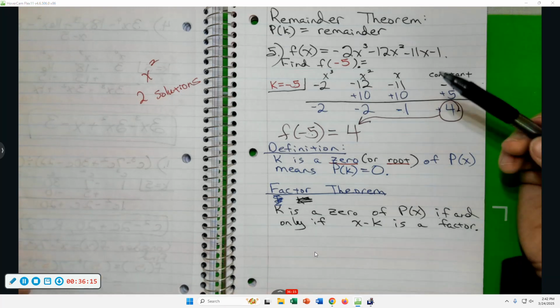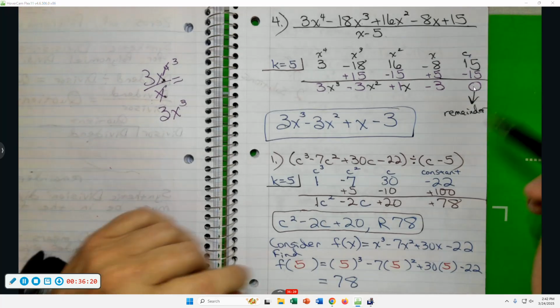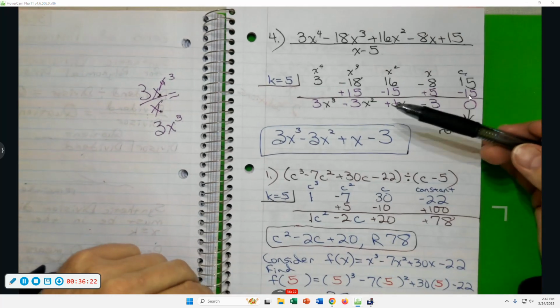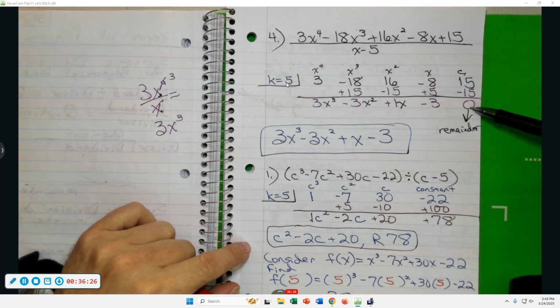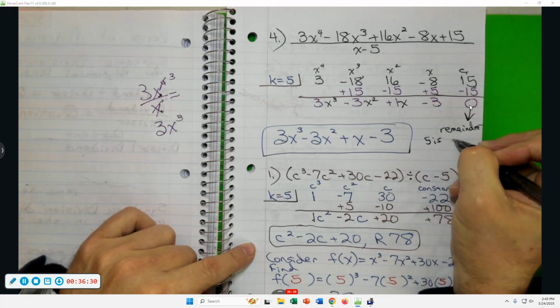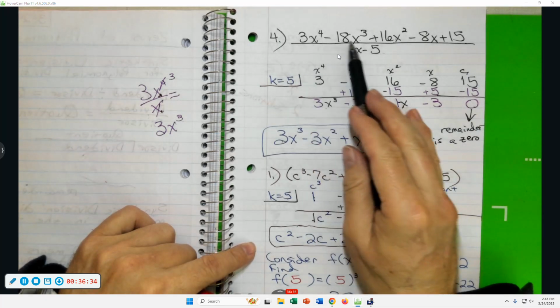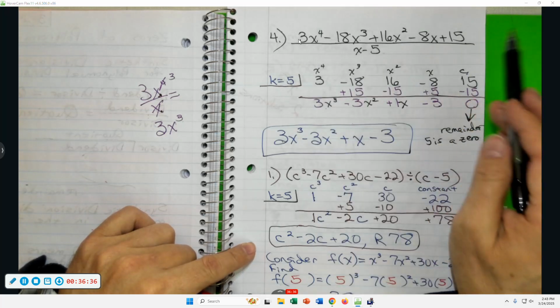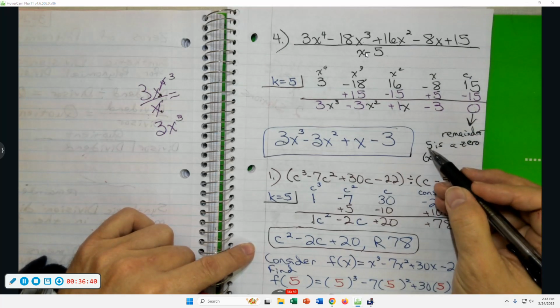So let's look back up here. Let's find a zero. Here, on number 4. Don't bother writing this down. So k is a zero. The remainder is 0. So 5 is a zero. That means if we were going to factor that big messy stuff on top, one of the factors would have to be x, and it's the opposite of the number you see.